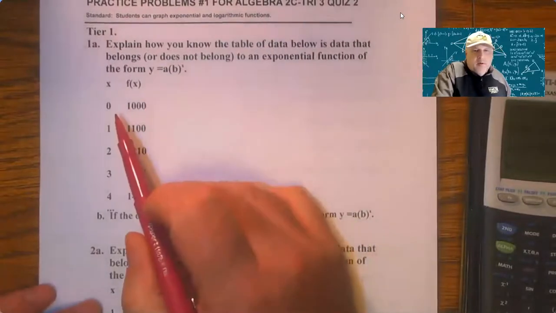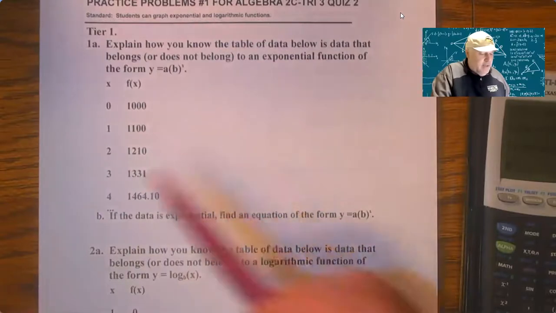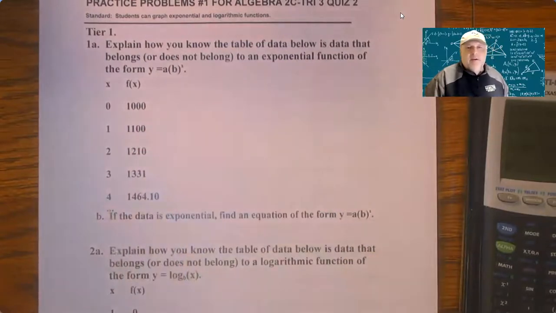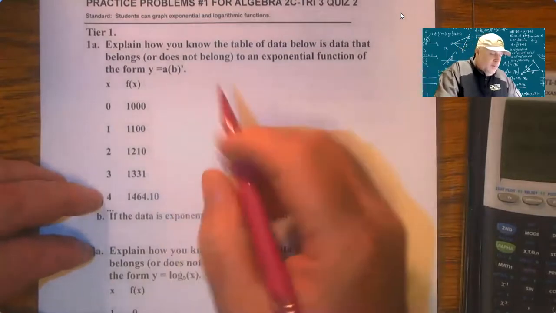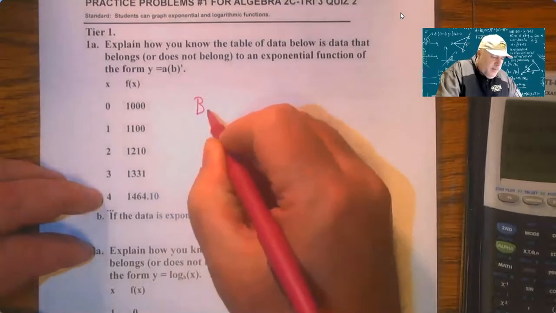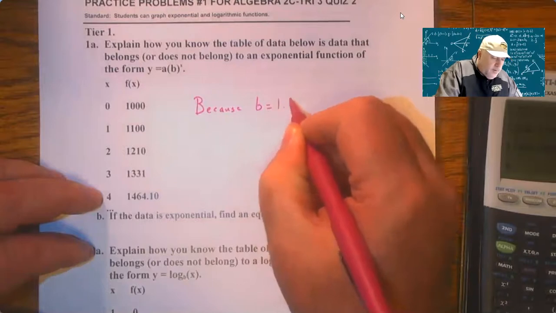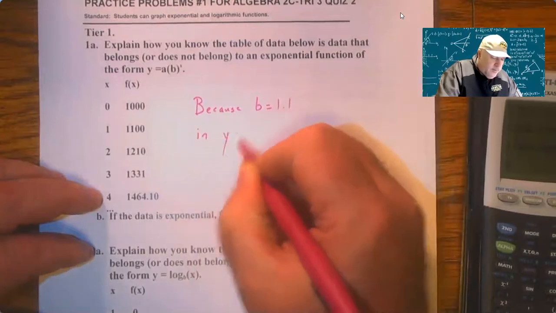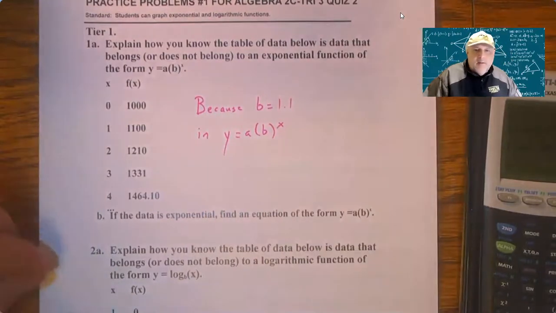So because of that, and we have the coordinate (0, 1000), we have a coordinate at 0, a starting value there. This will be data that belongs to an exponential function of this form. And so you can just say because b equals 1.1 in y equals a times b to the x power, that will work.